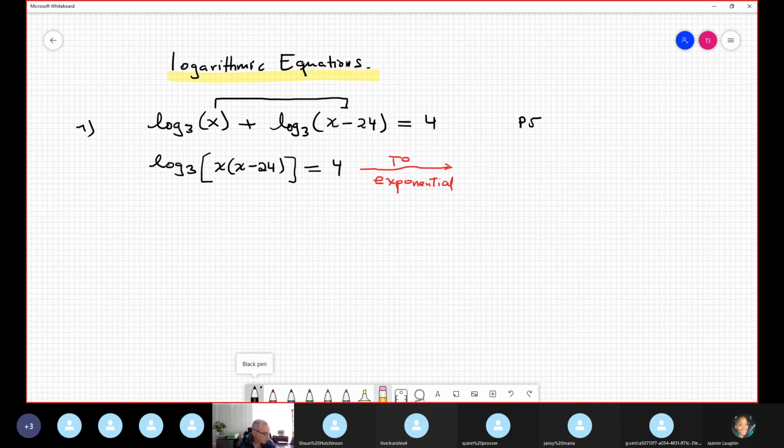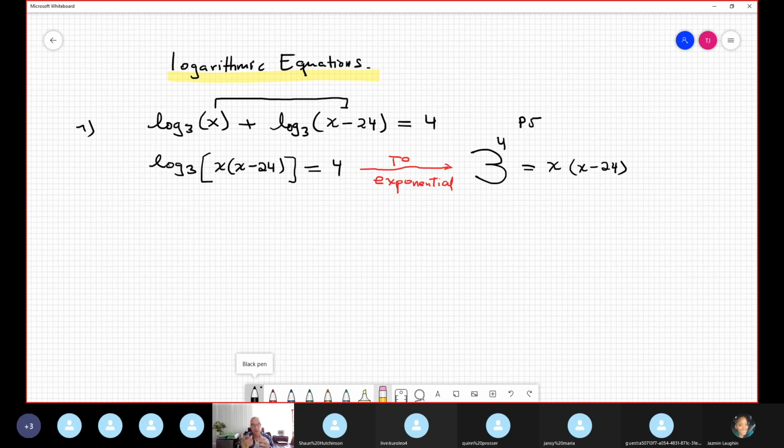What's the base? Well, the base is 3. So this is small 3, I put big. That's the base. What is the exponent you need to raise 3 to? The exponent is the answer of the logarithm. Always this 4 represents the exponent. And is equal, well, the rest. The rest is x minus 24.